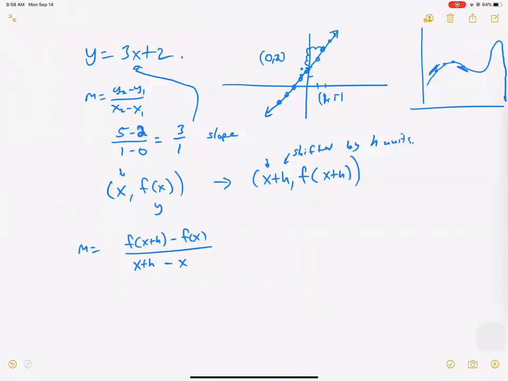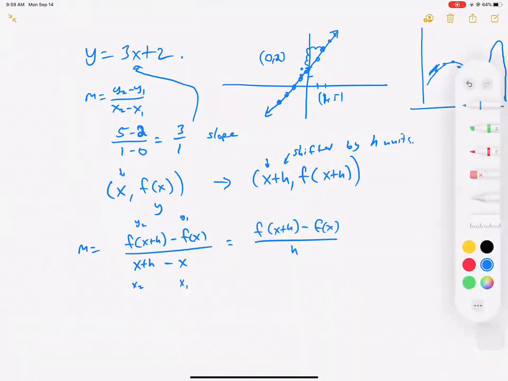In a sense this was y2, y1, x2, x1. It's pretty much the same equation as before, except I generalized it. And we could simplify this to be f of x plus h minus f of x over h. The reason it's h is that on the denominator, x and negative x would always cancel out, leaving me just h.